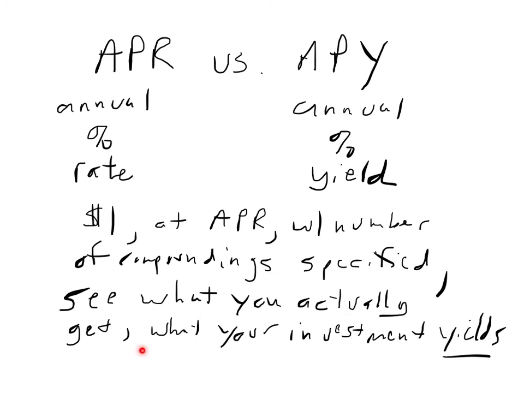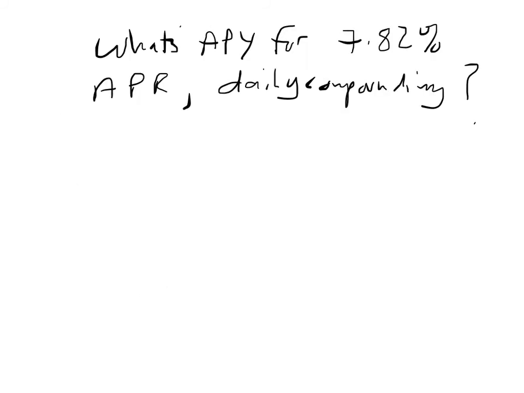See how much money you actually get, what your investment yields after 1 year. So we'll take a look at that. So here's my question. What's the annual percentage yield for an investment that's advertised at 7.82% APR, assuming daily compounding?